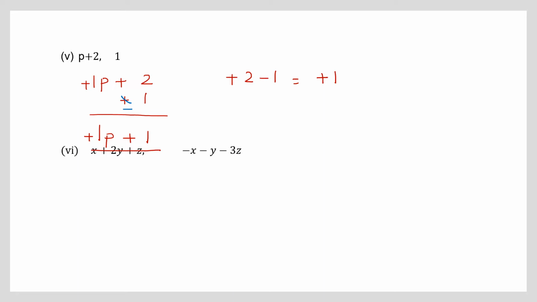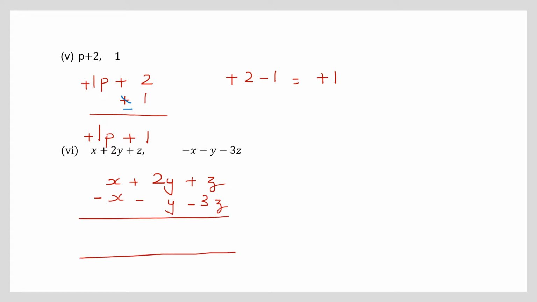Then we go on to the next one. x plus 2y plus z. Then I write minus x minus y minus 3z. Okay. Now let us write whatever is missing. So here this plus, then I have 1x, 1x. Here I have 1y and here I have 1z.